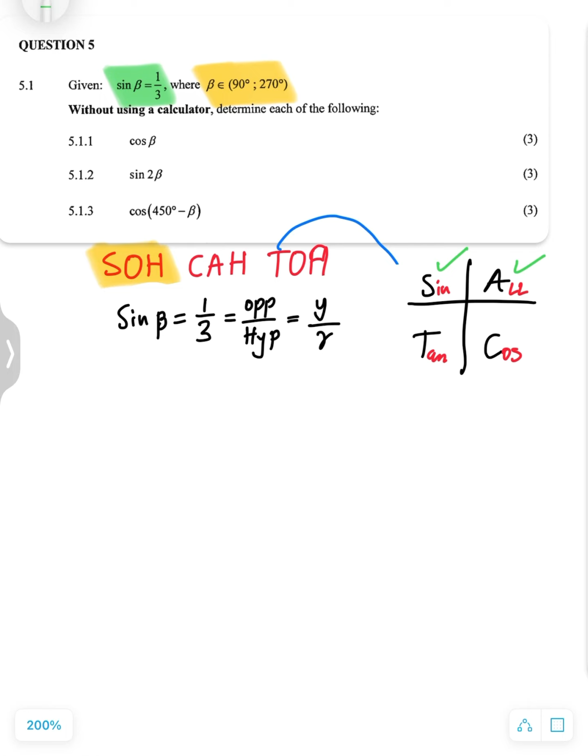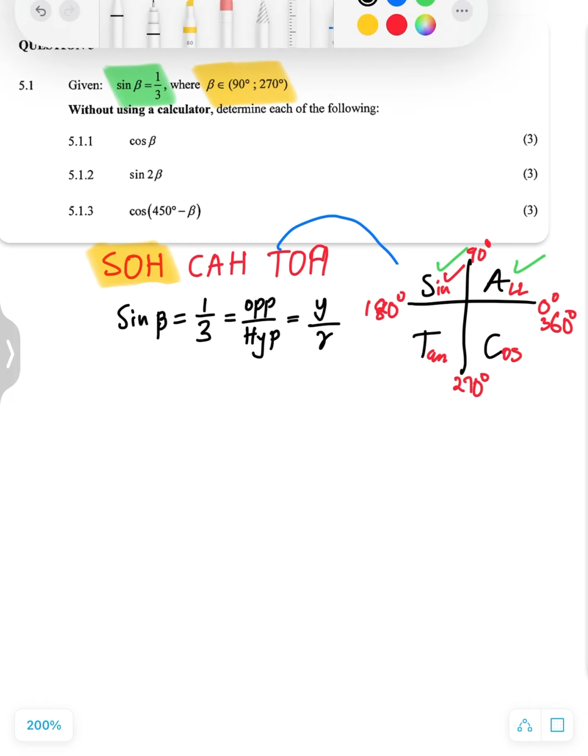So if you use this diagram again, this is 0 degrees always, and then this will be 90 degrees, this is 180 degrees, this is 270 degrees, and then back to 360 degrees. The second statement says beta must be greater than 90, so the first quadrant will not qualify because the first quadrant is less than 90. So the correct quadrant to draw our diagram is the second quadrant. Okay, so we're going to use that.